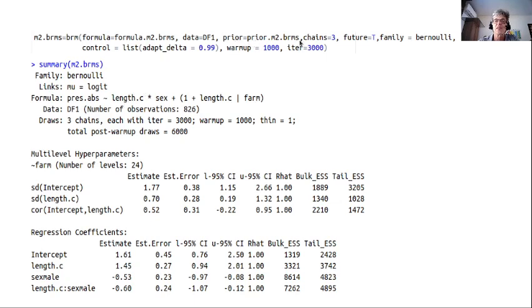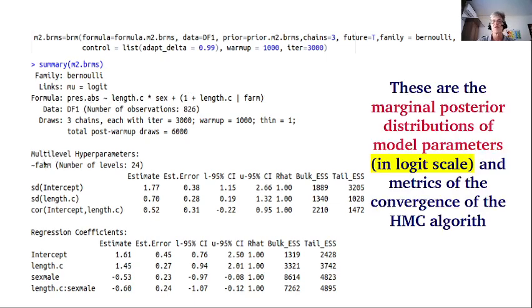The priors that I showed before, number of chains, the warm-up and the number of iterations, family equals Bernoulli, because we have a binary response variable, and here we have as output the marginal posterior distributions of all model parameters in the logit link scale, for the population level parameters and the group level parameters. Here are the posterior distributions for each of the parameters.